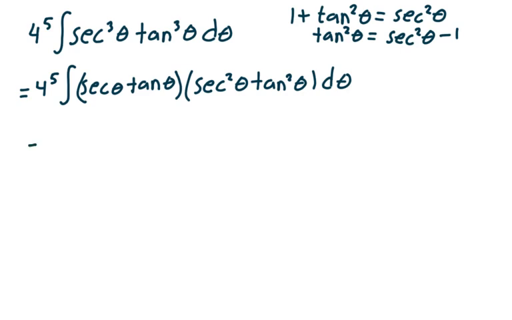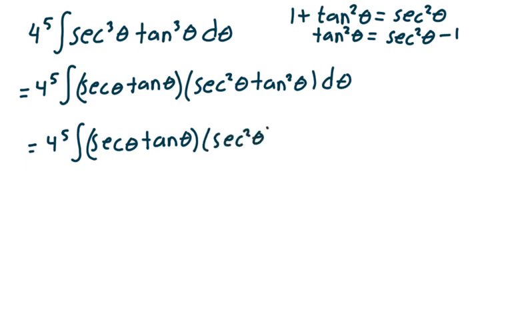And so I'm going to write 4 to the 5th times the integral of secant theta tangent theta times secant squared theta times secant squared theta minus 1 d theta. Now we're on the home stretch.